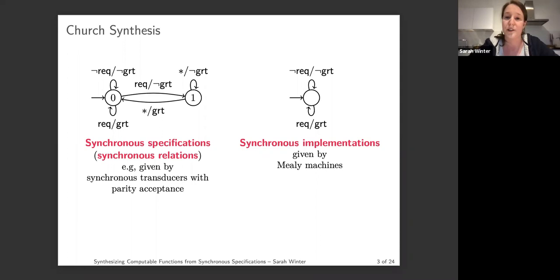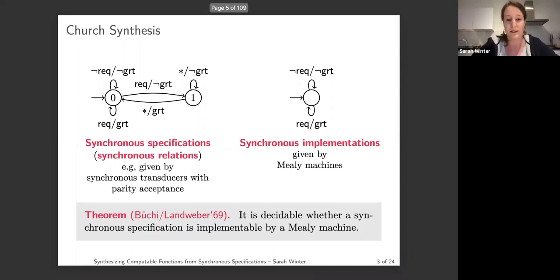So the next transition, the target where we go to, is only determined by the input of this transition. Okay, and here you can see this is an implementation of the specification. When the input is not a request, then there's nothing to grant. And if we have as input a request, then we directly grant it. And this is one possible synchronous implementation of the given specification.